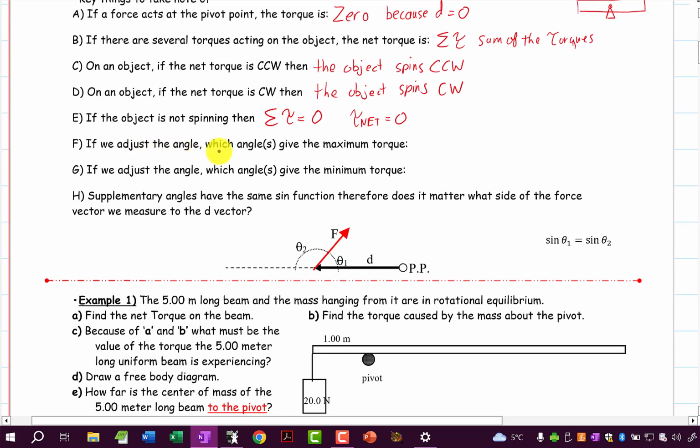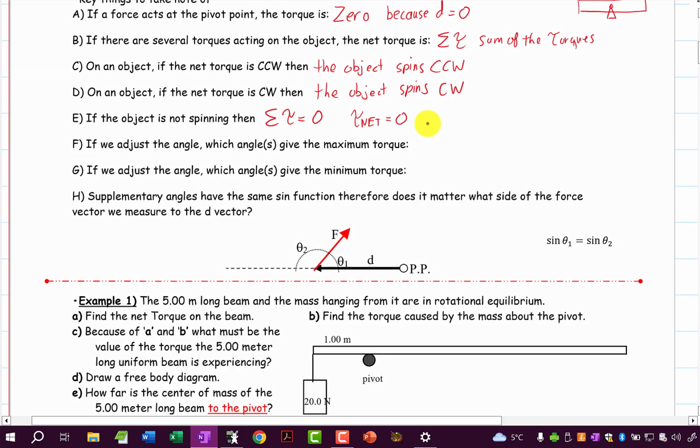If we adjust the angle in the torque formula, which angles give the maximum torque? D has to be perpendicular to the force. In this case, that makes the sine of 90 the maximum.